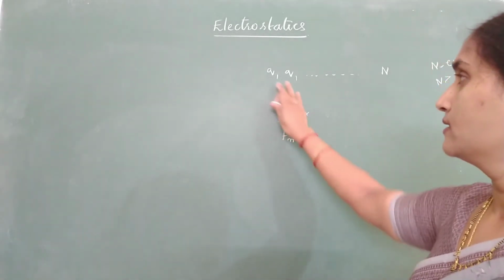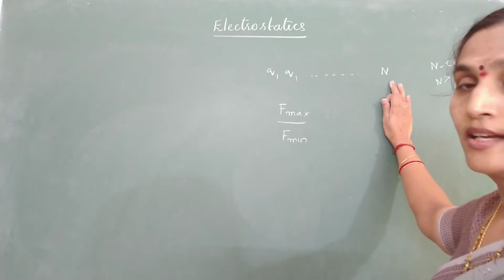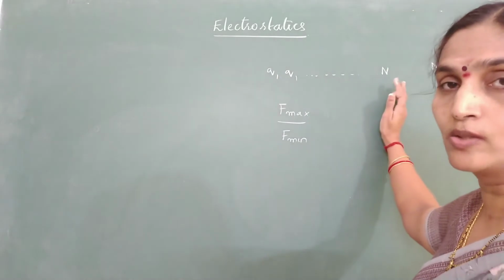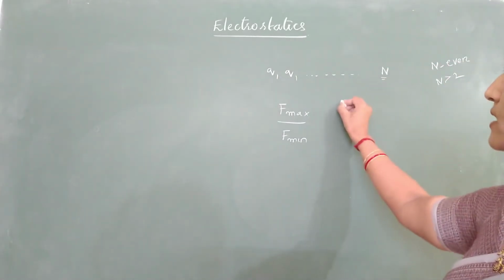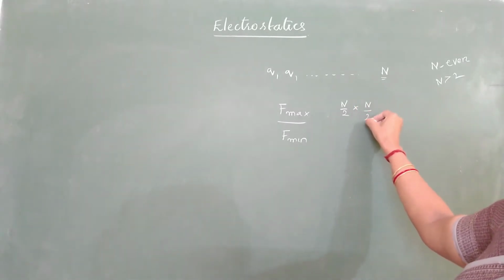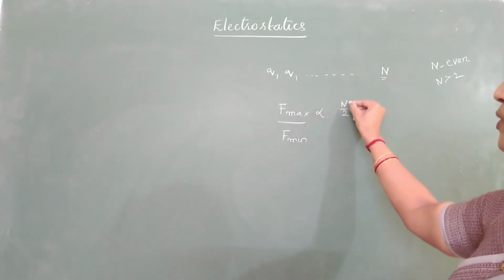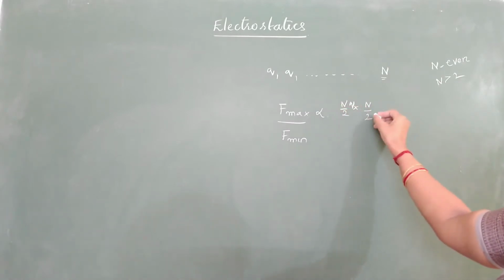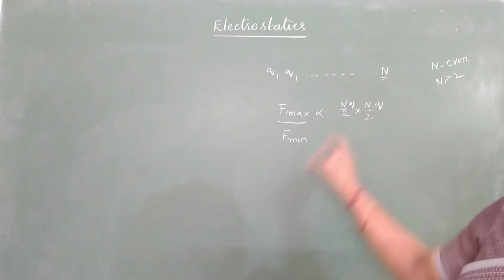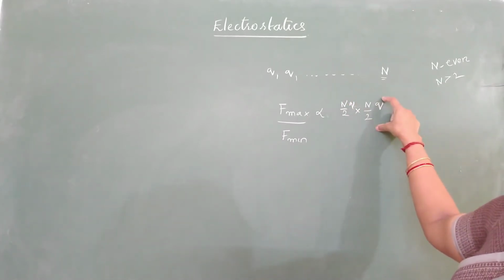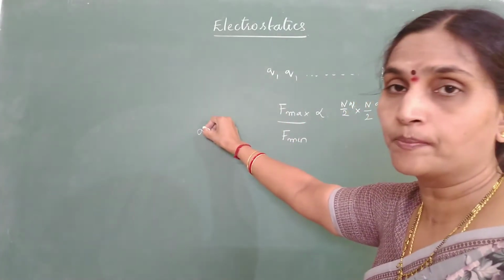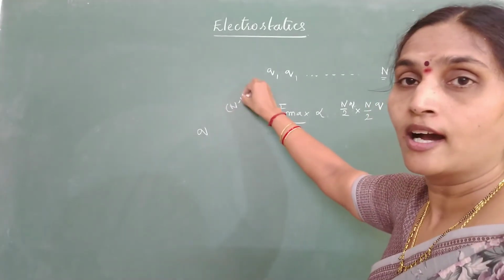What is the ratio of maximum to minimum force? Then just imagine if you have a large number of charges. Just now I told you, when will force be maximum? If you divide them into 2 equal groups. That means out of N particles, N by 2 charges in one group, N by 2 charges in another group. So maximum force will be proportional to N by 2 q into N by 2 q, Q1 Q2 product I am writing. And force will be minimum if one particle is in one group, remaining particles are in the other group.